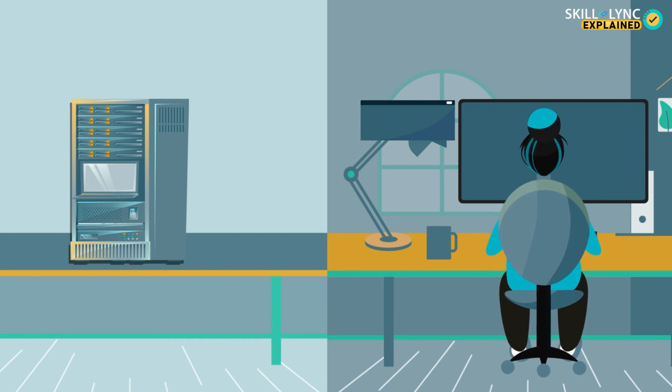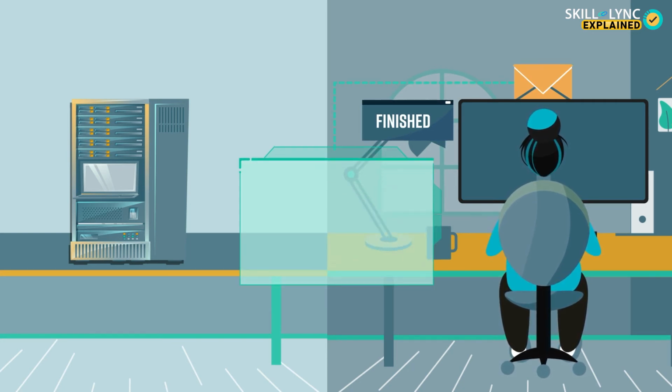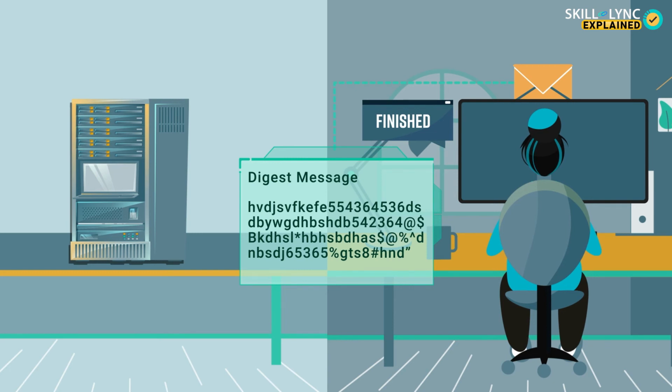After this, the client sends a ciphered text specifying that the messages are now encrypted. Next, to verify with the browser that no message is being lost in the way or no one is tapping into the connection, it sends a finished message along with a digest message which is encrypted. The digest message contains all the messages that have been exchanged between the browser and server till now.